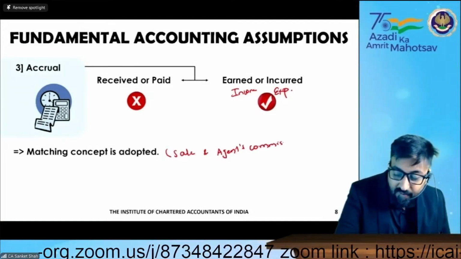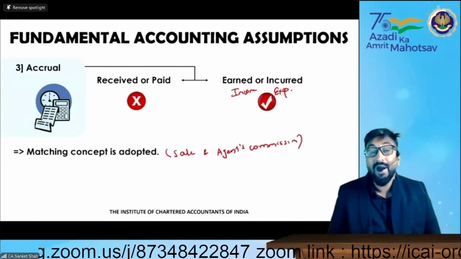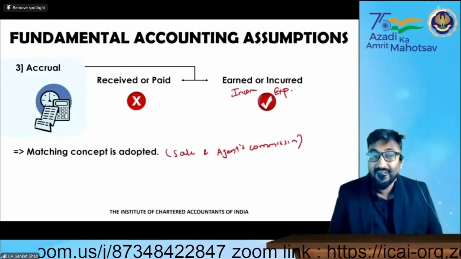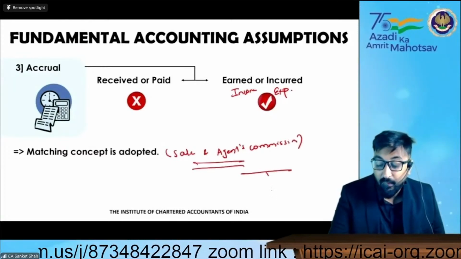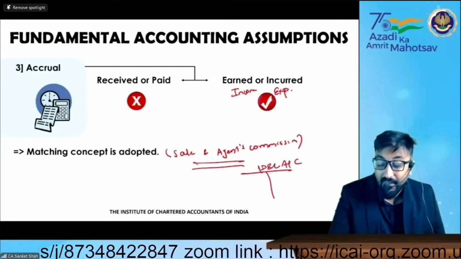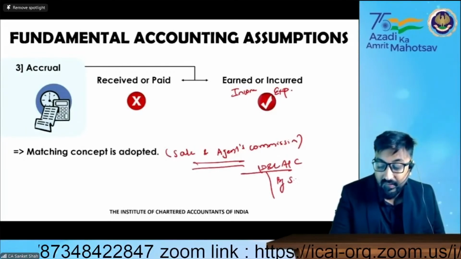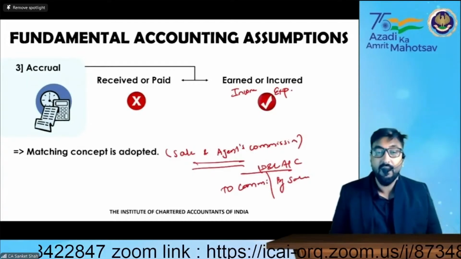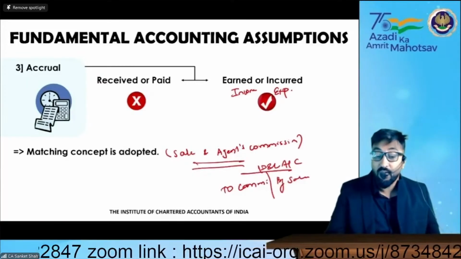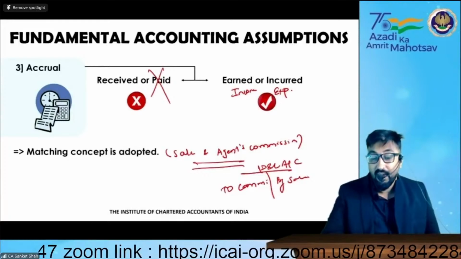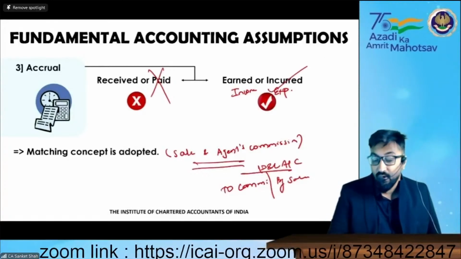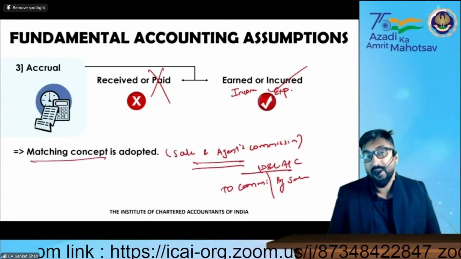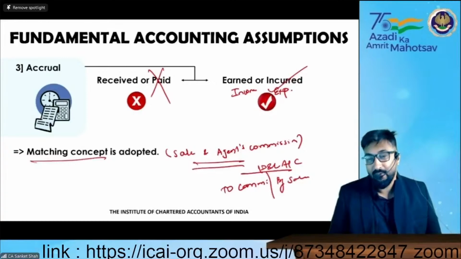Here sales and here commission in the same year, though payment is in the next year. Payment is not important. Incurred is important. So matching concept has to be followed in case of fundamental accounting assumption.